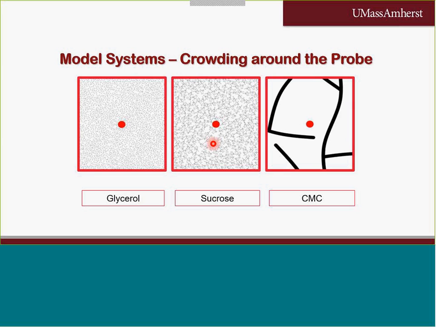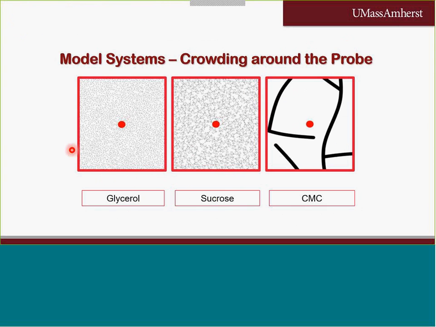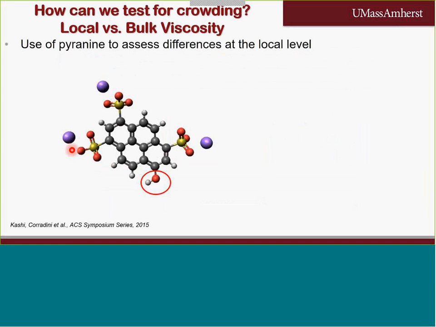The interesting thing is that, as you can see in the previous slide, for some colloids it works perfectly, but for others it didn't. We were wondering how to test for the crowding. We use another probe called pyranine in order to assess differences at the local level.